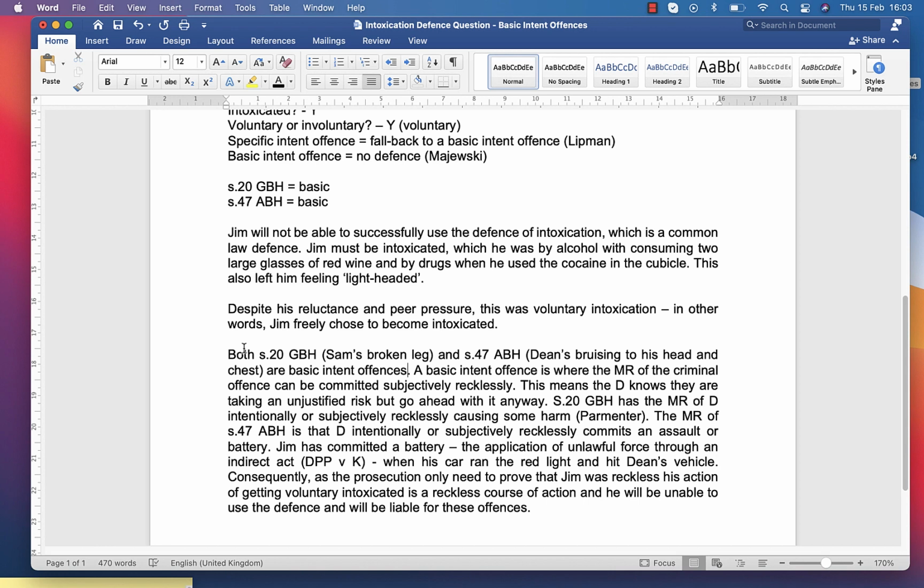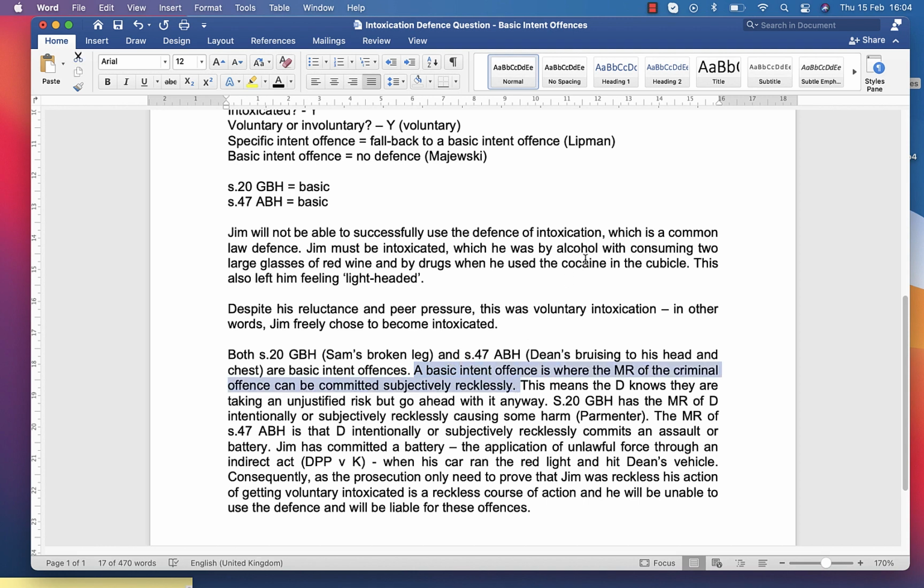So here we go. I put here that both of those offences are basic intent, for the broken leg and the bruising, and then I go in to define, as I think you should, what a basic intent offence is. So I've put that there.